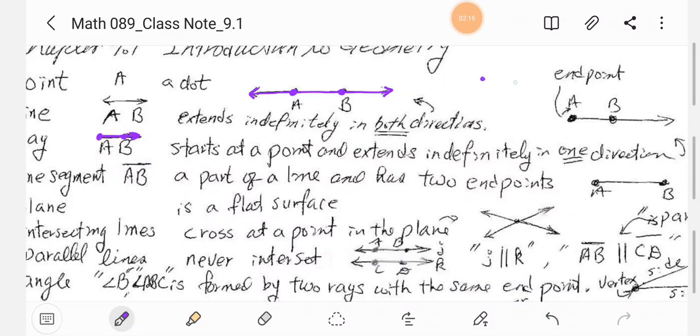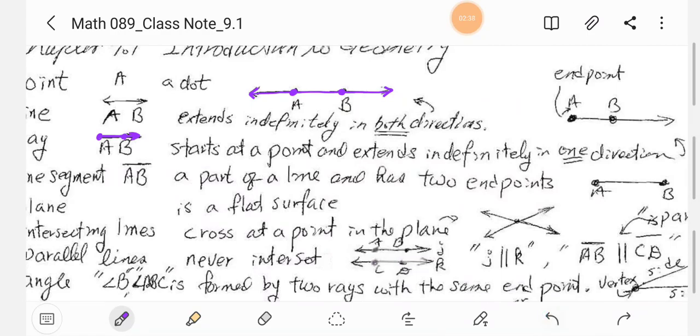Here's point A and point B. Then you just connect them; this is a line, but the line segment is AB. You can use a bar on top of AB. So connect AB, then that is a line segment.